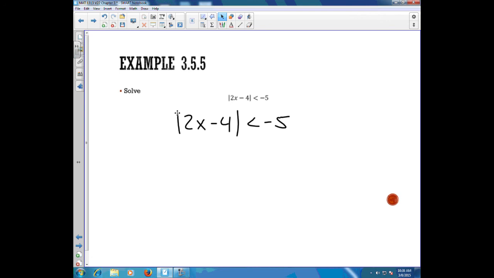The definition of absolute value is that absolute value is always a positive number. So, there's never a time when the left-hand side under that absolute value is less than 0. And so there's no way it can ever be less than negative 5. This side is always positive.